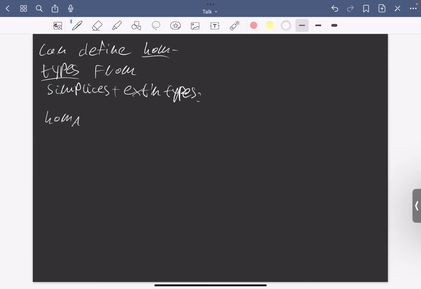So if A is a type and x, y are terms, we can define Hom x y in A as the type of functions from delta 1 into A that on the boundary, which is just two points, restrict to x and y.